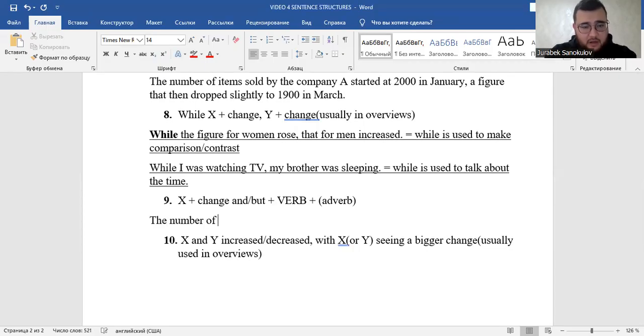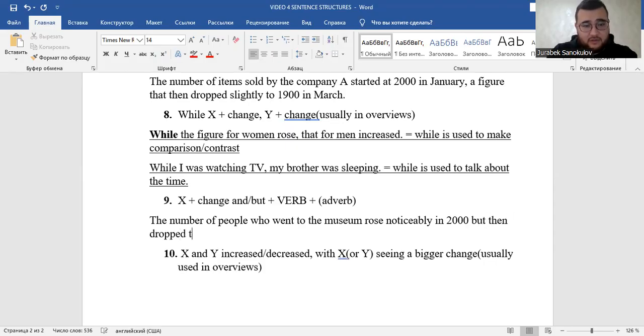The number of people who went to the museum rose, let's say noticeably, in 2000, but then dropped to, let's just say, 1500 in 2001.